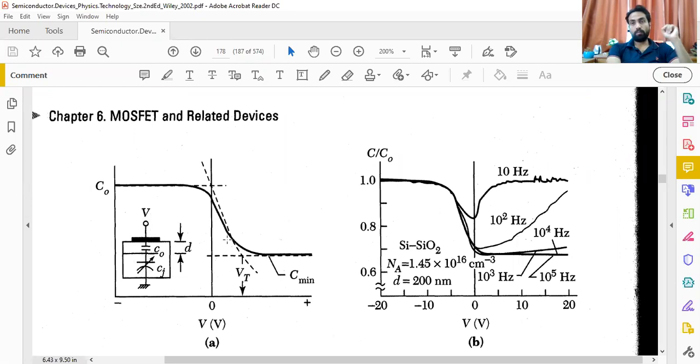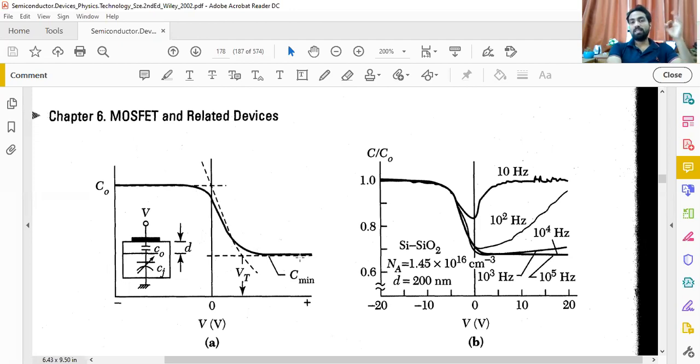You know that when capacitances are in series, the net capacitance reduces, because in series they have the formula 1 upon C equals 1 upon C1 plus 1 upon C2 plus 1 upon C3 and so on. So this is the reason why this curve is constant here and why it is now falling down.